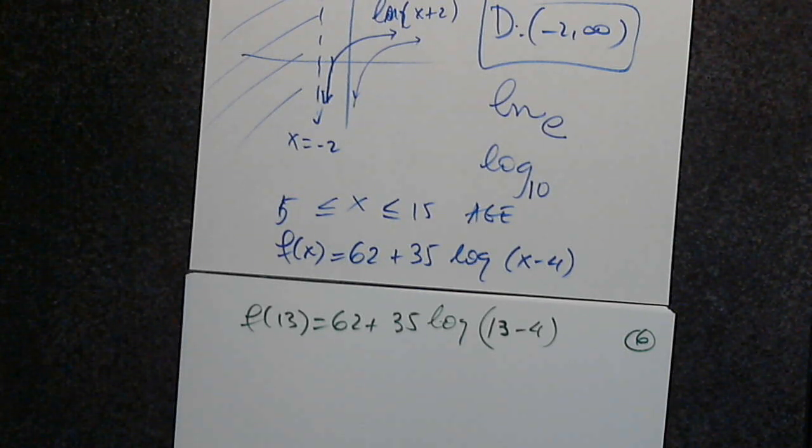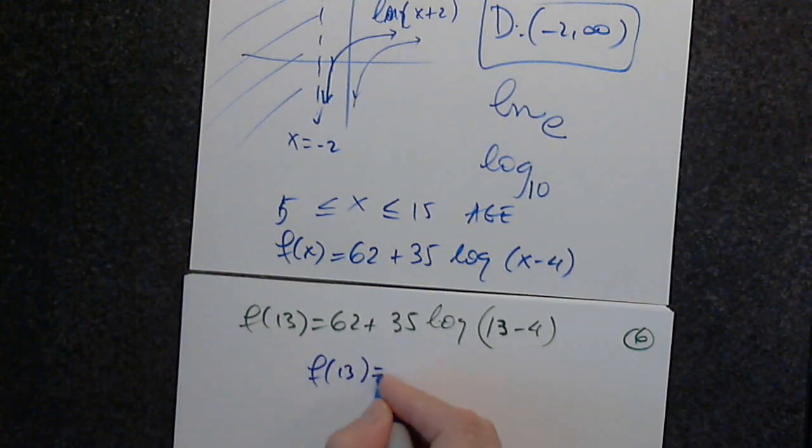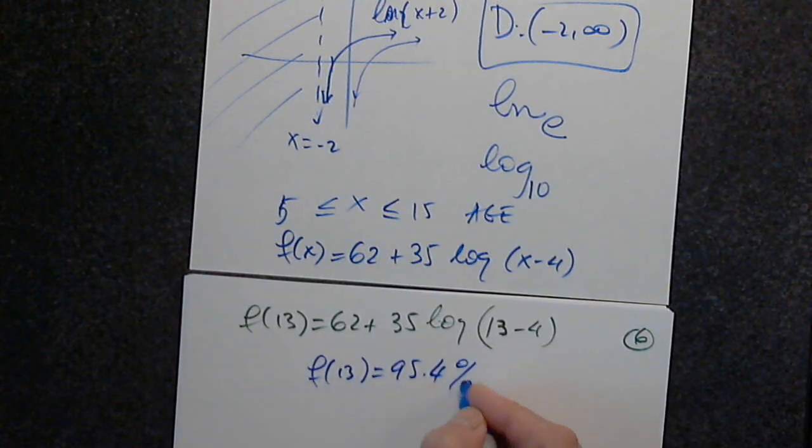So apparently, at the age of 13, a girl already attains 95.4% of her maximum possible height that she will attain in her life. So f of 13 is 95.4%. She will still grow a little, but by the age of 13, she would have reached 95.4% of her adult height.